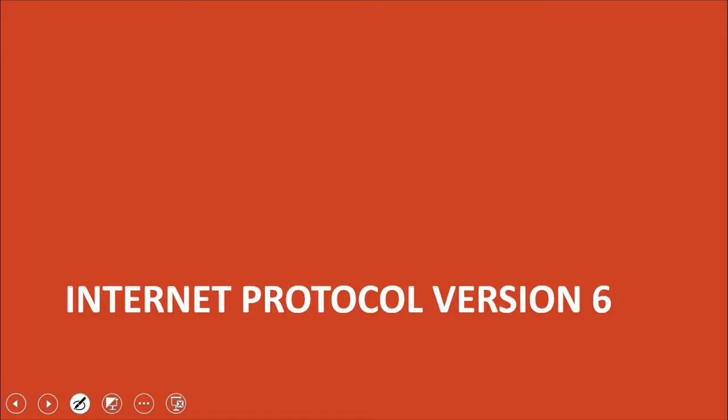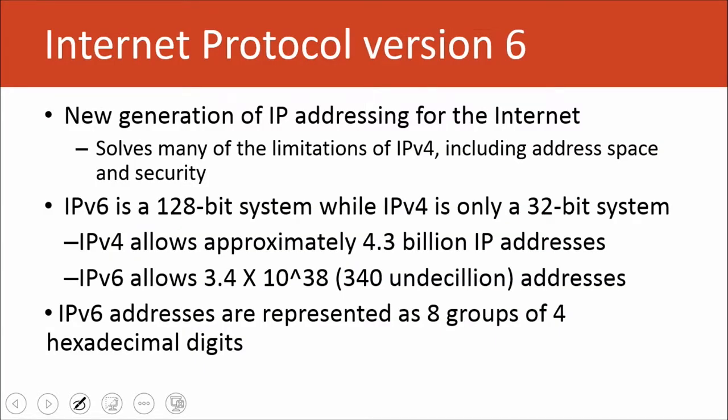All right, on to IPv6, Internet Protocol version 6. This is the wave of the future, and actually it may even be the wave of now for some folks. Not everybody's implementing IPv6 yet, but it will happen very, very soon. Internet Protocol version 6 is just a new generation of IP addressing.